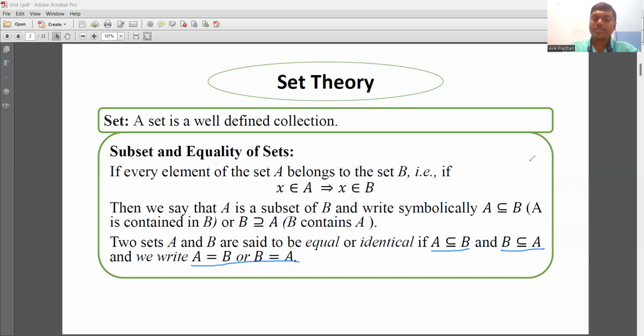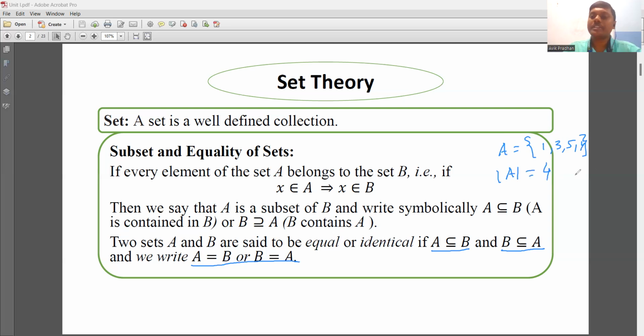Now here I should mention one thing: the number of elements of a set represents the cardinality of the set. That means how many elements are there in that set. For example, if I take A equal to {1, 3, 5, 4}, then the cardinality of A, represented by mod of A, is equal to 4 here.